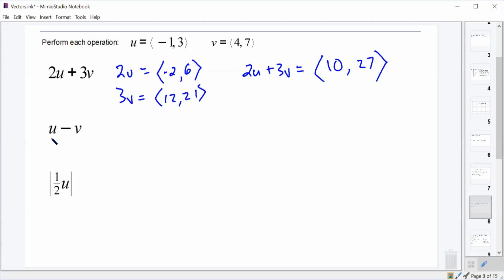Okay, if we're looking at u minus v, that should be the vector -1, 3 plus the opposite of vector 4, 7, which would be -4, -7. And so what would that give us?